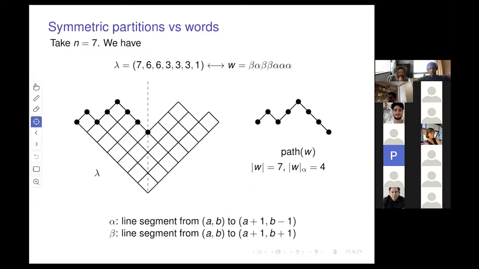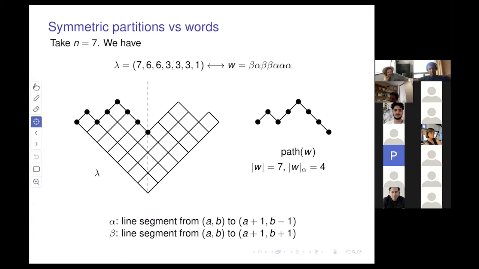Okay, so how do you get from a partition to a word? I'm going to shift my partition so that the corner is on the bottom, and so that we can see the symmetries over here. So we draw a partition by a Young diagram, maybe rotated by 45 degrees.